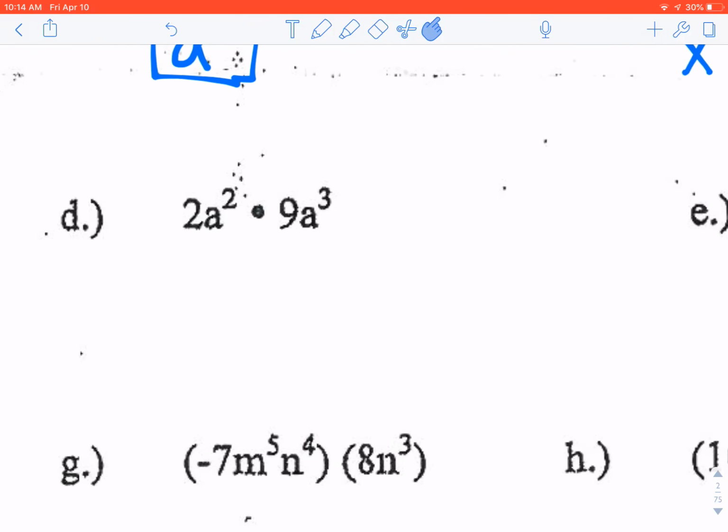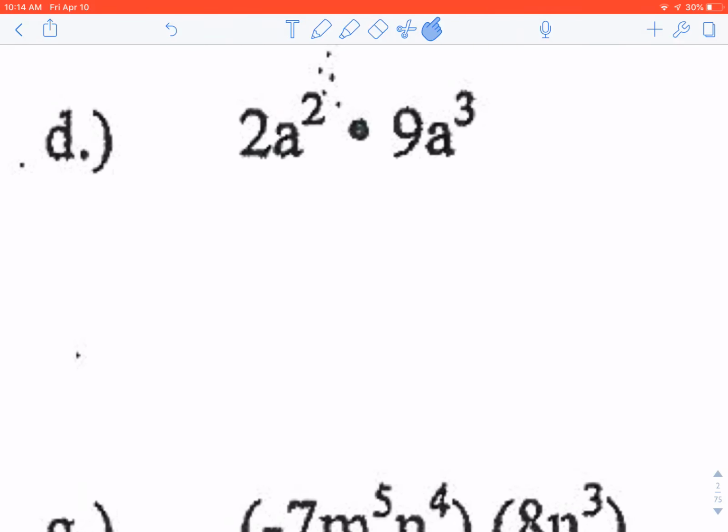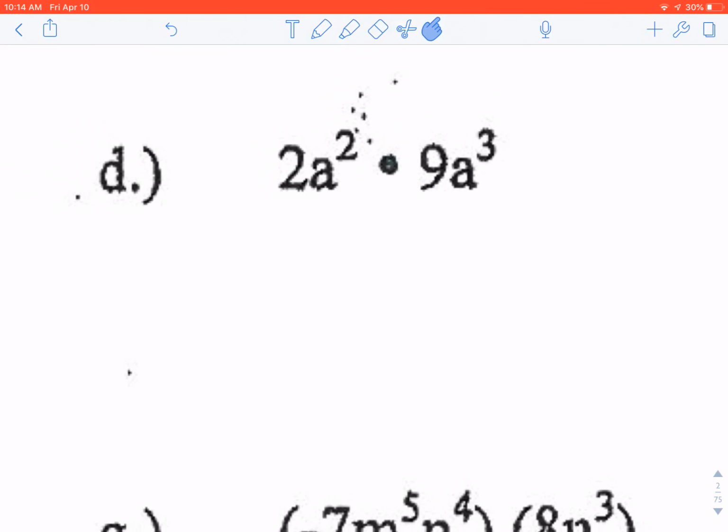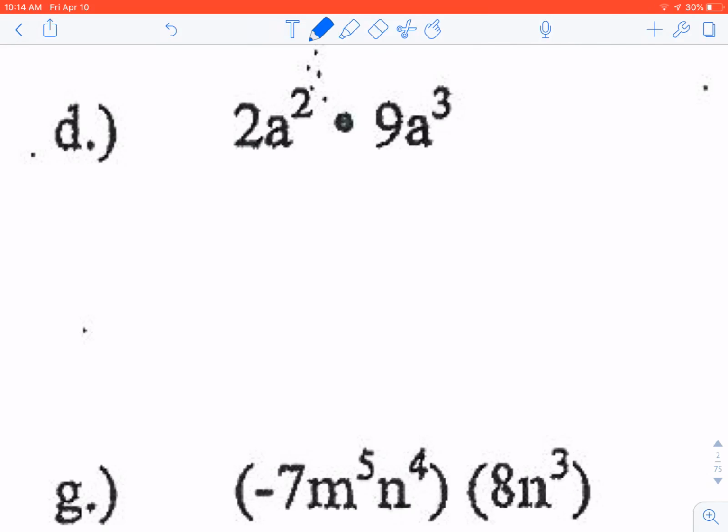Okay, letter D. So we start to get into some of the different ones, which I know we did this year. This is a nice review for you guys to make sure you're ready for next year. Okay, so the numbers in front, which are your coefficients, you want to take care of these first. Since the base is different, you're going to multiply those. If the base was the same, you would keep it in exponential form. So 2 times 9 is 18.